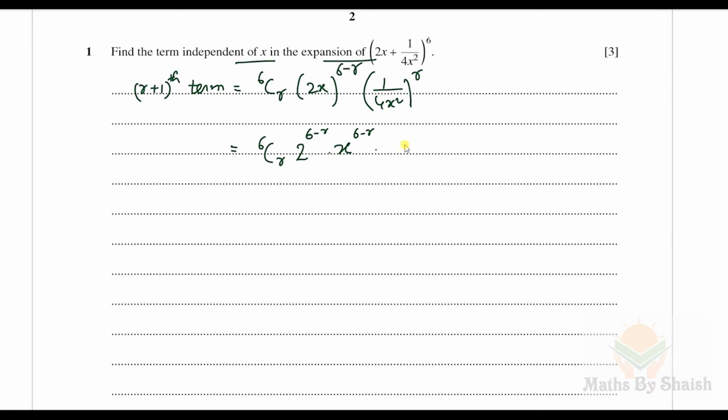Here it is 1 over 4 raised to the power r, and x to the power minus 2r in the numerator, or we can rewrite it as 6Cr 2 raised to the power 6 minus r into 1 upon 4 to the power r, and x to the power 6 minus 3r.